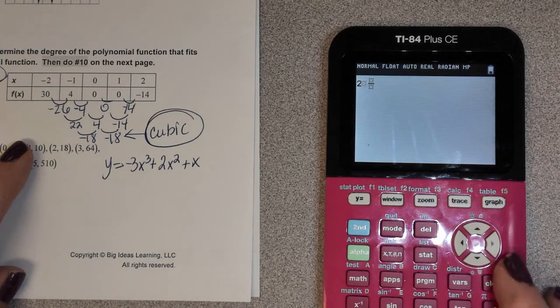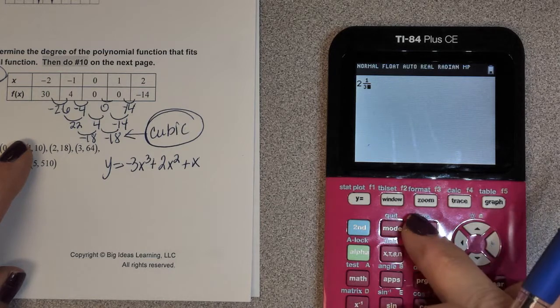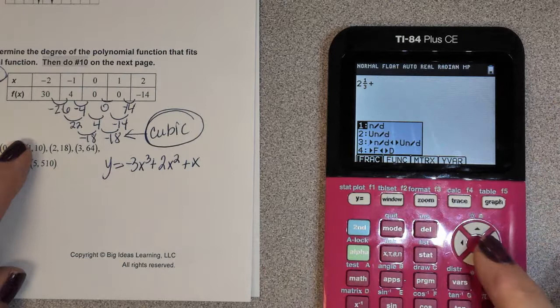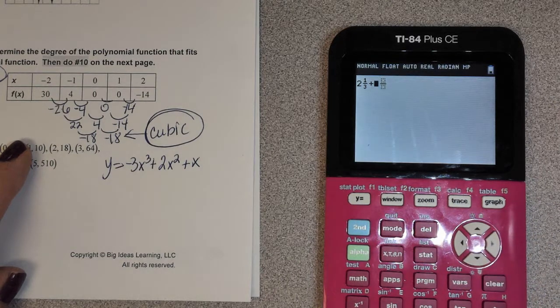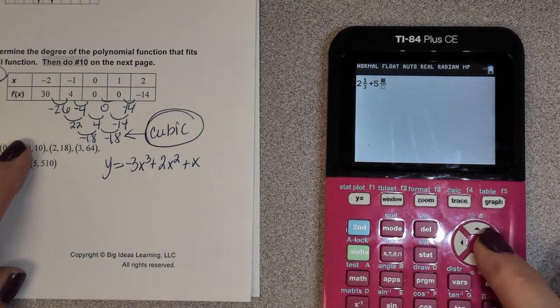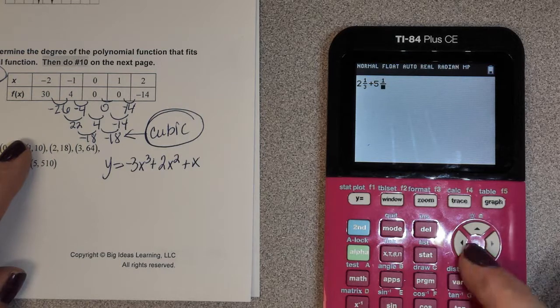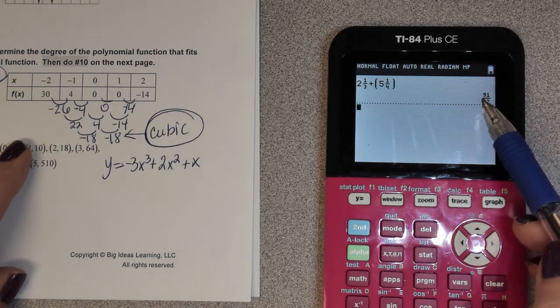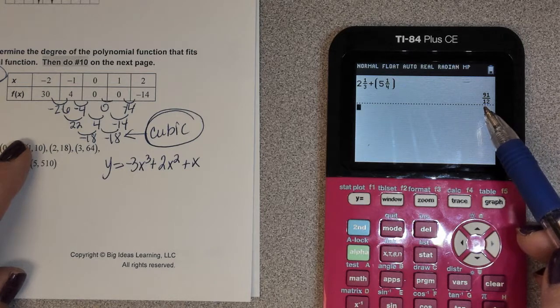I can put in 2 and 1/3 plus, oops, hold on, I got to get out of there. Arrow over, plus, and now I can go back to there. 5 1/4. Enter. And it gives me the number like this. But suppose I want the number as a mixed number.